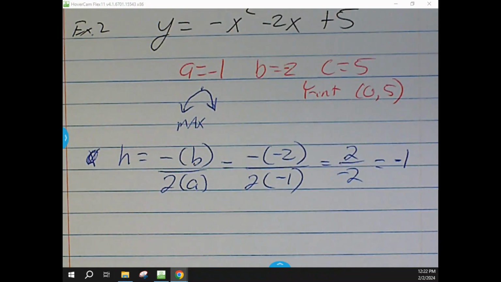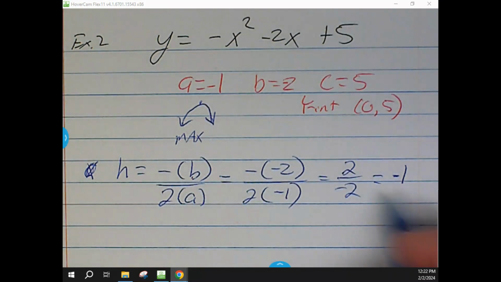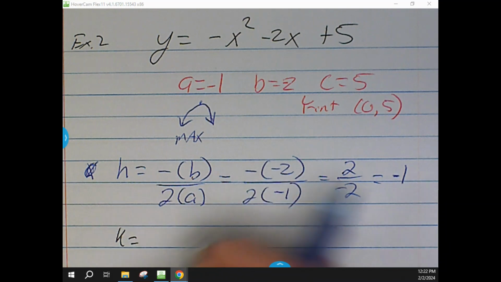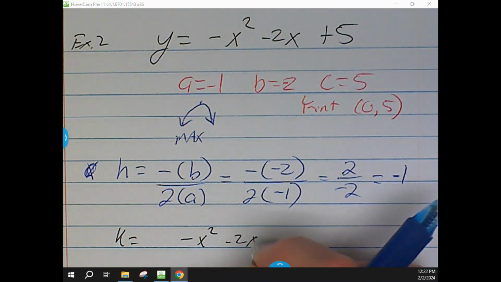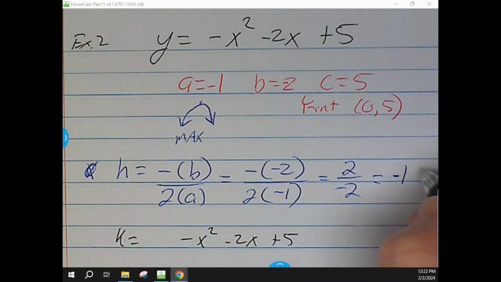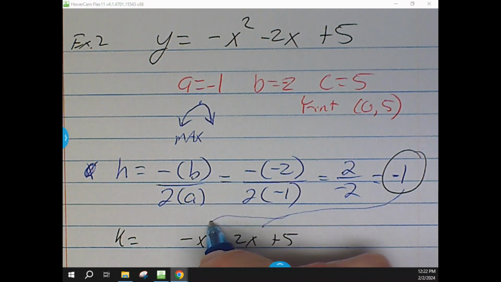Okay, again, to get the k value, we're going to take this negative 1 we've got and plug it into this equation back up here.